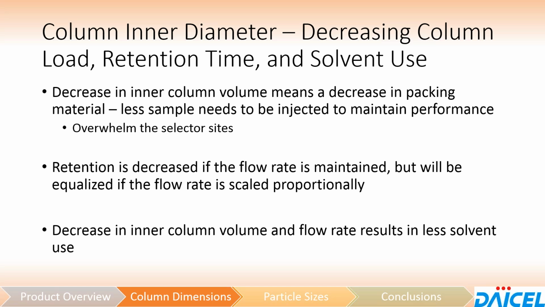And then there's a decrease in inner column volume by going to those smaller ID columns. If you're reducing the flow rate at the same time, you're obviously going to be using less solvent. So for screening, for separations that involve harsher, environmentally unfriendly solvents like dichloromethane or chloroform, this obviously gives a little bit of an advantage in that regard.